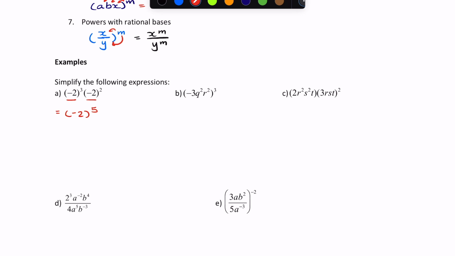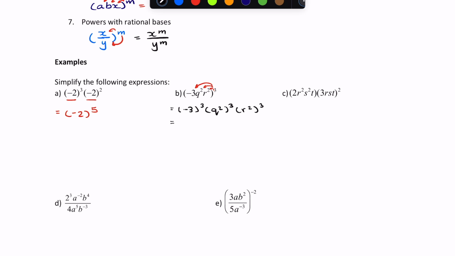Here we see that we have -3q squared r squared, all to the power of 3. So we're going to distribute, again, this exponent into all three of the terms. So here we would get -3 to the power of 3 times q squared to the power of 3 and r squared to the power of 3.